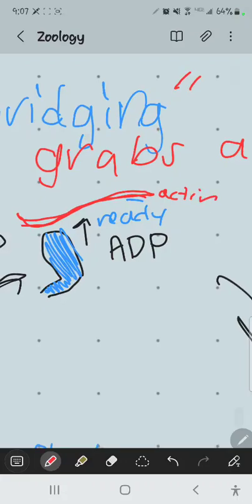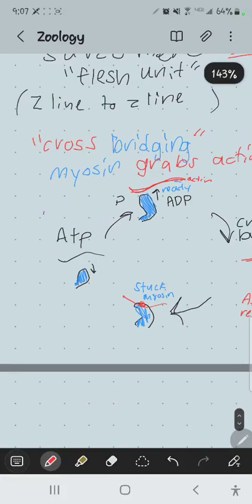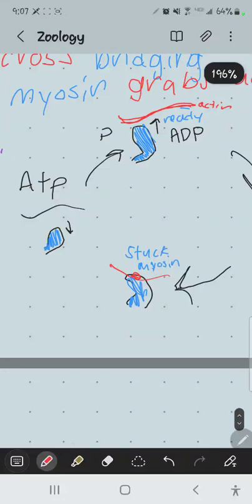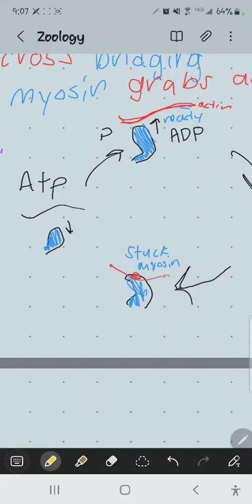Make sense? Cool. So on the exam, I'll probably have a little table that asks you to describe what happens in sequence. I'll provide you with the events, just as I described, and the chemicals like the ATP, ADP, cross-bridging, whatever. You'll have to put those together in sequence, right?